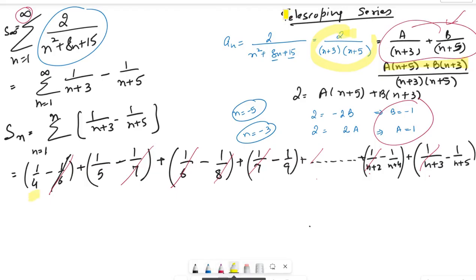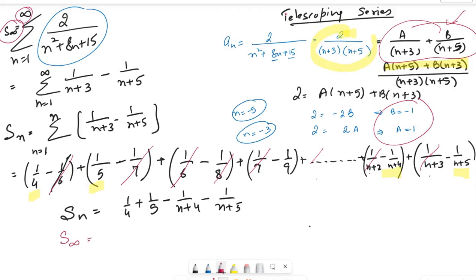What we are left with is 1 by 4, 1 by 5, this and this, 4 terms. So Sn is equal to 1 by 4 plus 1 by 5 minus 1 by n plus 4 minus 1 by n plus 5.